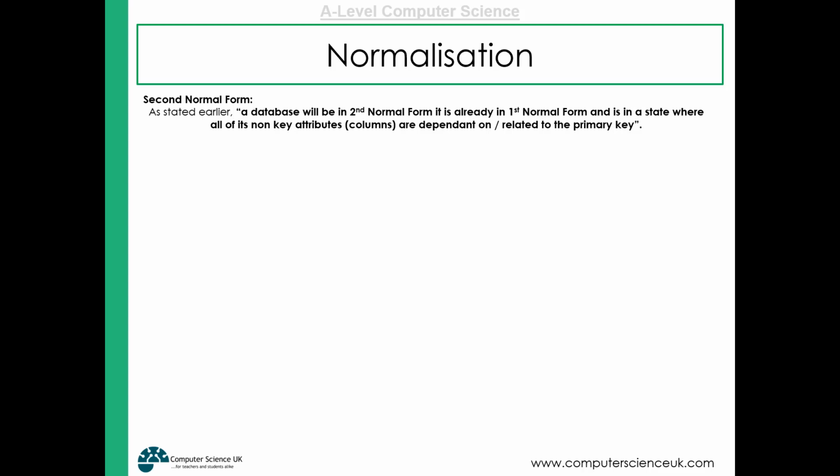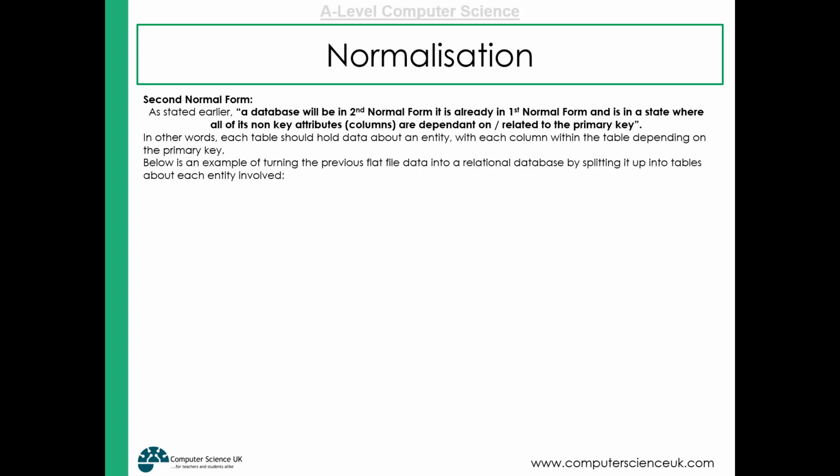What we're talking about there is that each table has to hold data about a single entity. So the attributes of the table should all depend or relate to the primary key, the entity itself. So each column within the table should depend on the primary key. Each table should be about an entity.